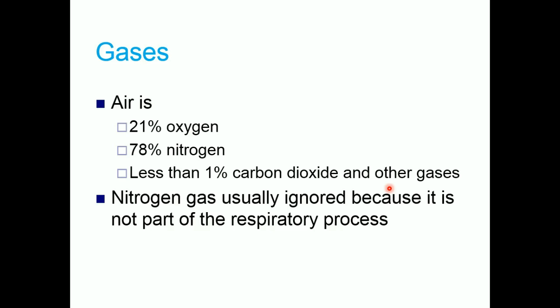Then we have some other gases that are present in lower quantities, and one of these gases, even though it makes up only 0.03 to 0.04% of the atmosphere, is of utmost importance for life on the planet, and obviously important for respiration, and that is carbon dioxide.